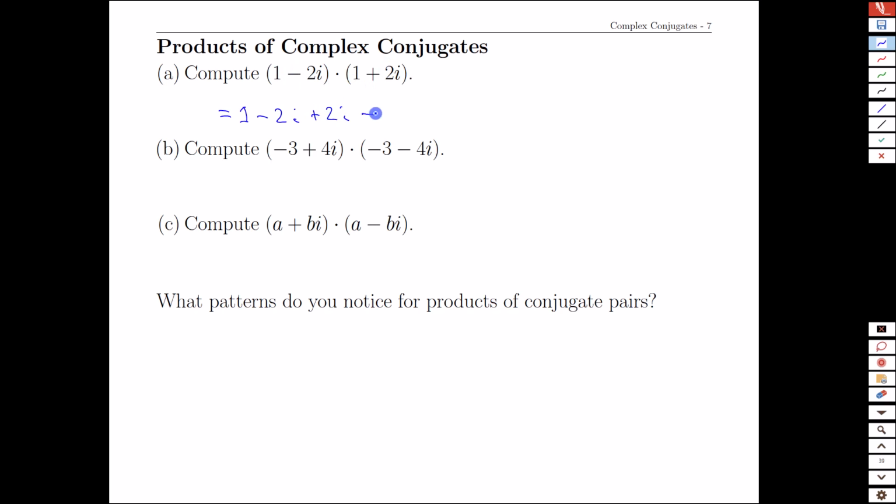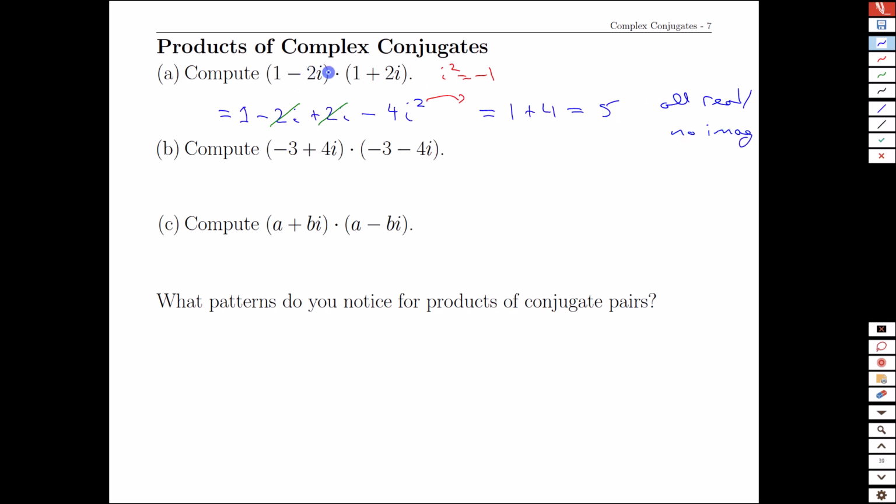And at the end we have minus 4, and 2 i's means an i squared. Now that is pretty simple because those two terms cancel. And then it's even simpler. This looks imaginary, but of course we know that the value i squared is just negative 1. And so this equals 1 plus 4, which is 5, which again is all real with no imaginary components.